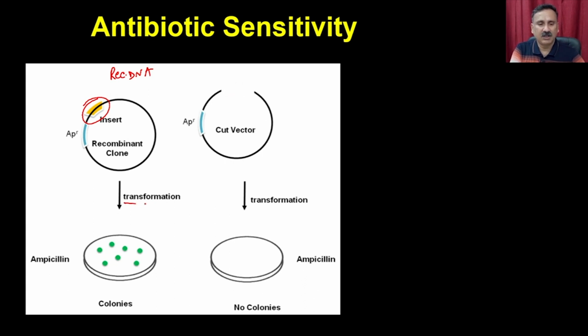Okay, so once you transform and put it onto the ampicillin containing plate, this bacteria is going to grow because it has the ampicillin resistance gene, and that will degrade the ampicillin. So it will allow the bacteria to grow, whereas when you transform this cut vector, since the cut vector will not be able to replicate, it will not be able to express the ampicillin resistance gene, and as a result it will not form colonies.